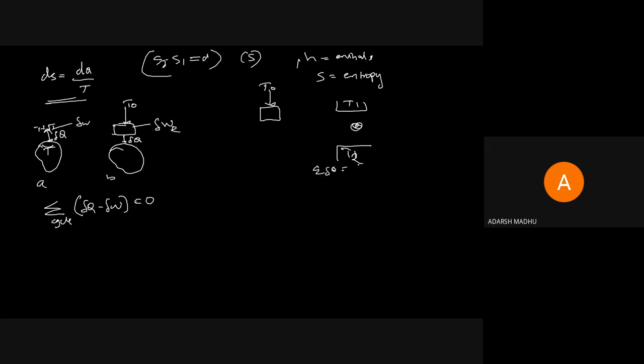Cyclic of dq equals cyclic of dw1. So cyclic of total dq minus dw equals 0, total heat transfer equals total work transfer, and that value becomes 0. That is the case of the first system, the normal heat engine.